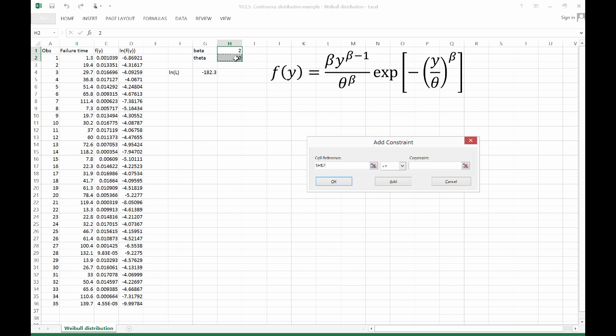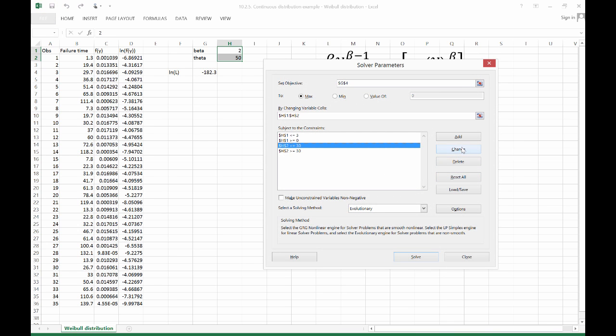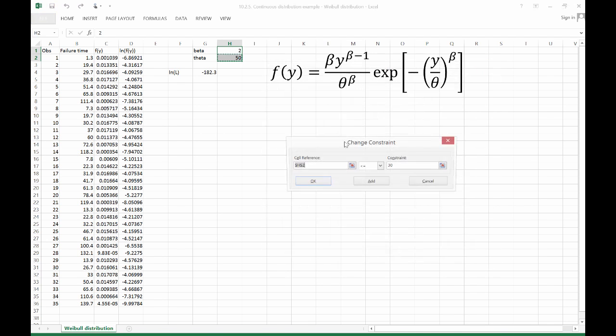And then for theta, let's set a lower bound of, let's say 30 or so. Sorry, I thought I was doing that wrong. Let's go back and fix this. That's going to be the lower bound, 30, and let's say an upper bound of 100.